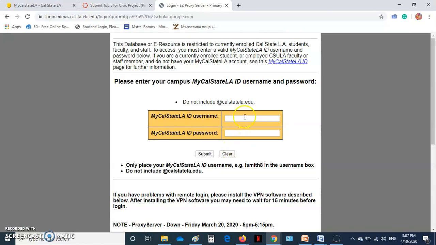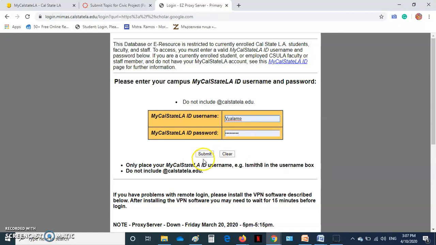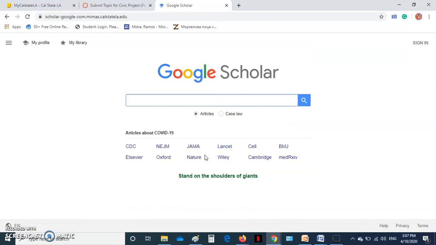You have to log in from here, and then you will be able to use the databases that the whole university has purchased. So it is important to get here from the university library webpage to be able to open all of the articles that you need. So let's say our topic is first generation students.